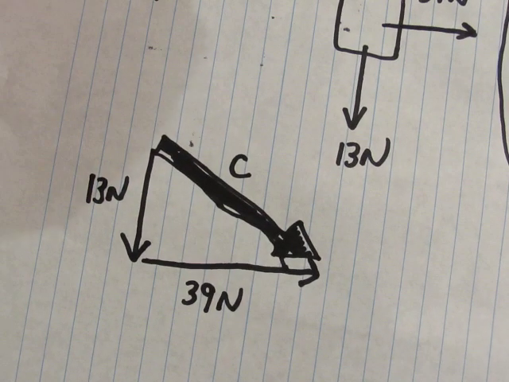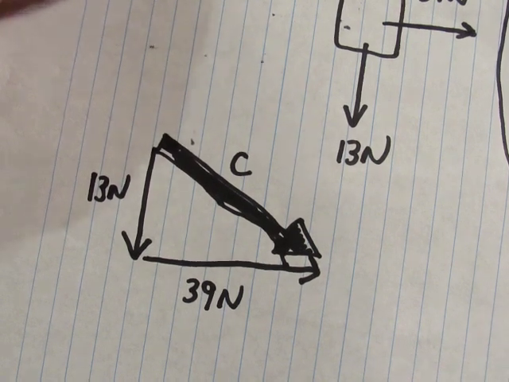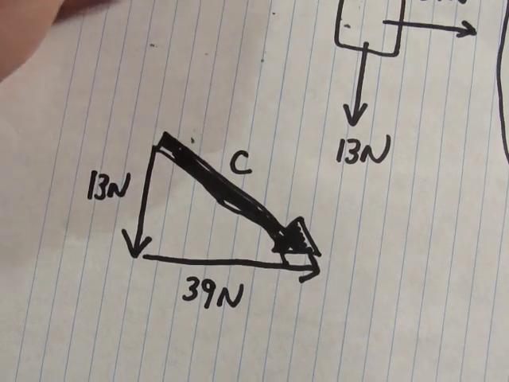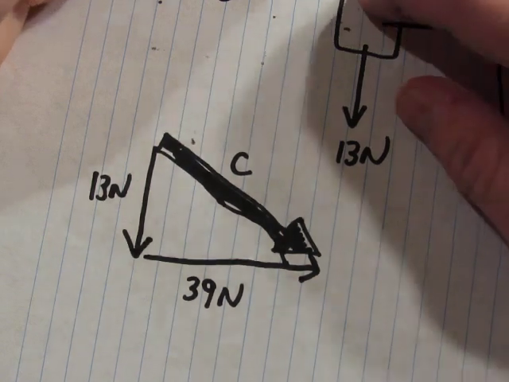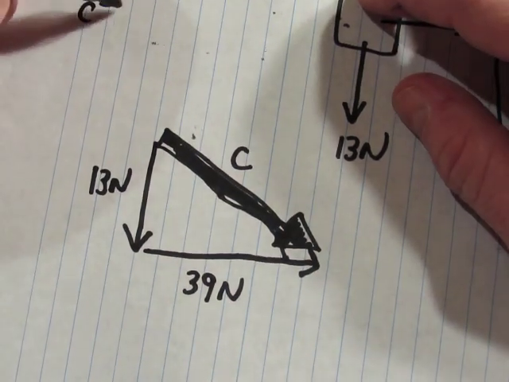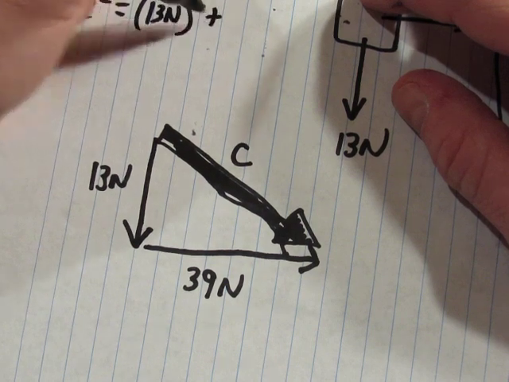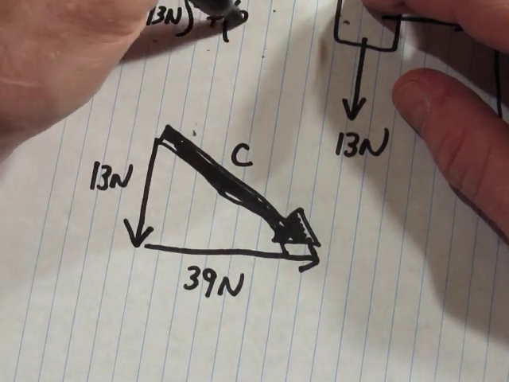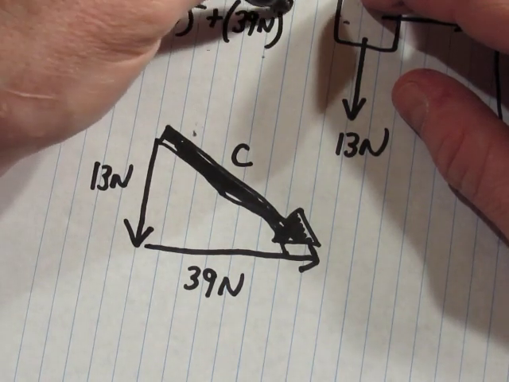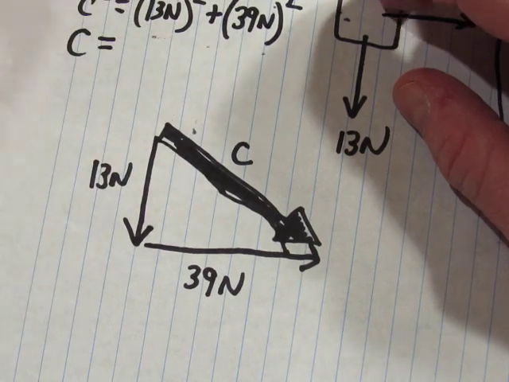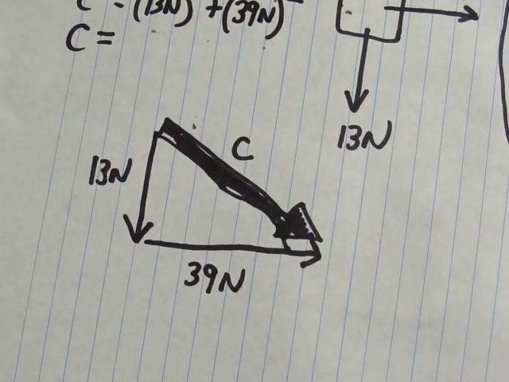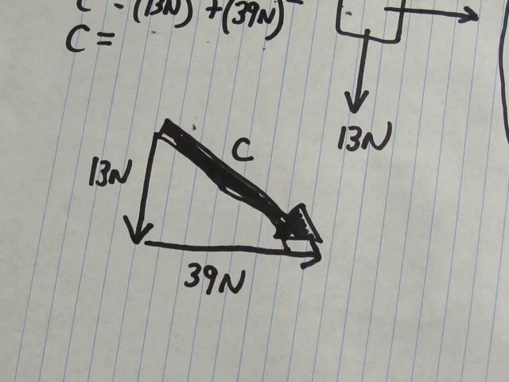So again, Pythagorean theorem, very simple to get the actual magnitude of the answer. This is a 13 Newton side and a 39 Newton side. So square those two values, add them together, and take the root and you'll get the final answer.